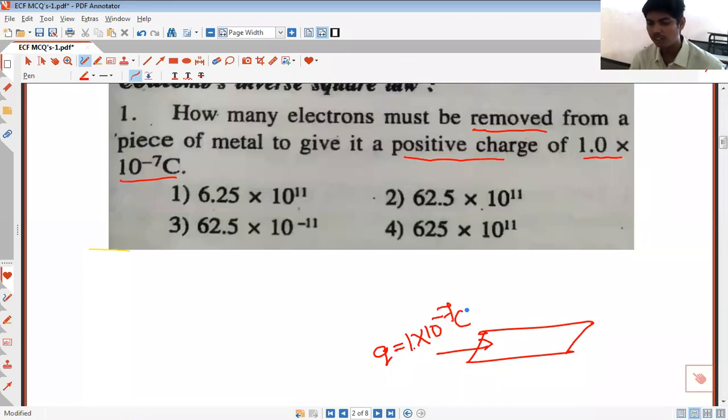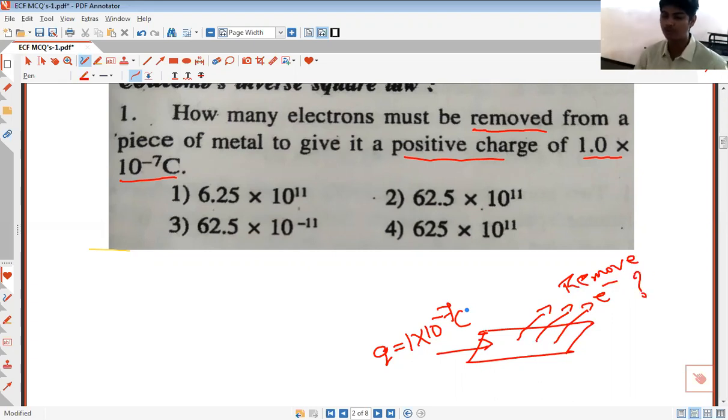In order to give it that charge, I have to remove some electrons out of this body. The question is, how many such electrons are to be removed so as to give the body a charge of 1 into 10 to the power of minus 7 coulomb.